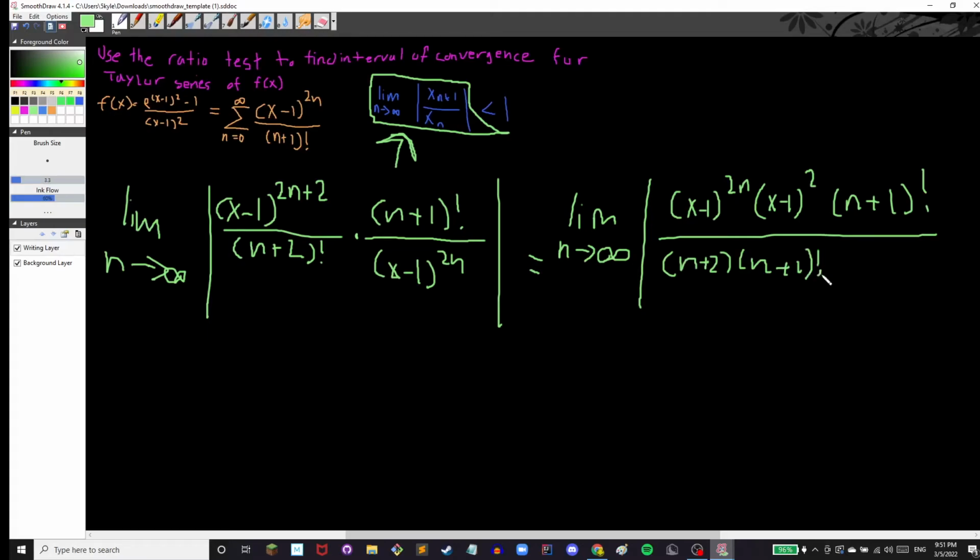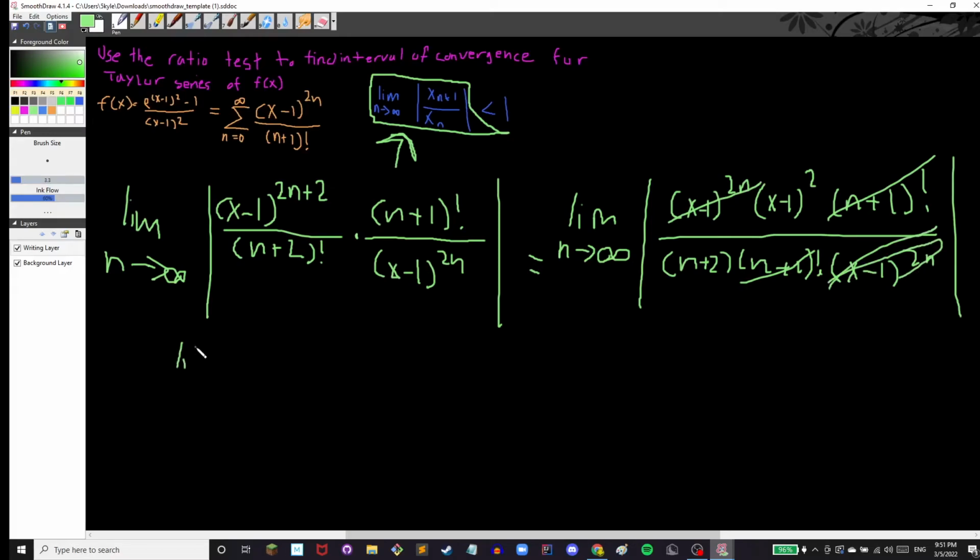Because the factorial is essentially just n plus 2 times n plus 1 times n all the way down to 1. So hopefully that makes sense. And finally we have x here. So we can simply cancel this and cancel this, okay?